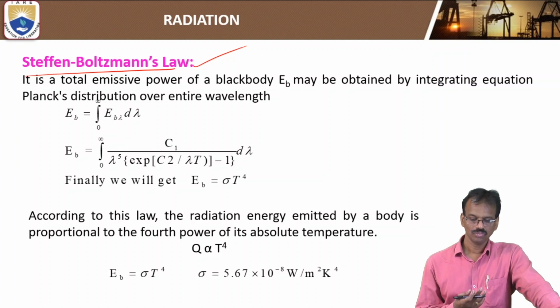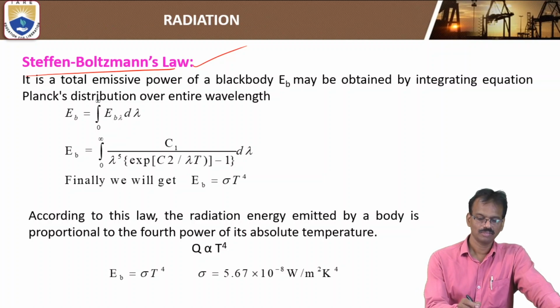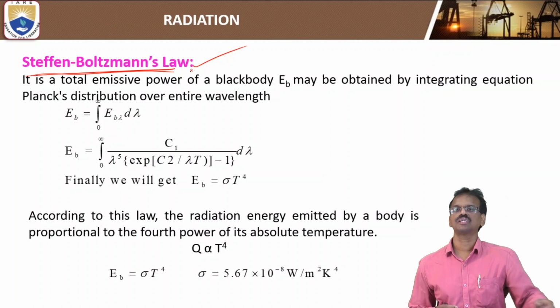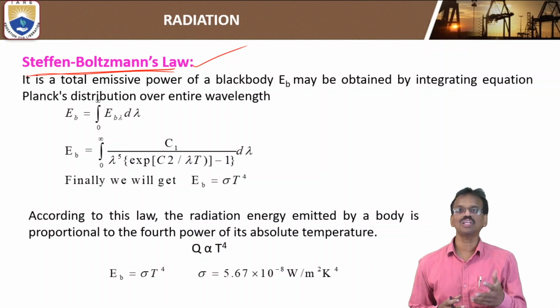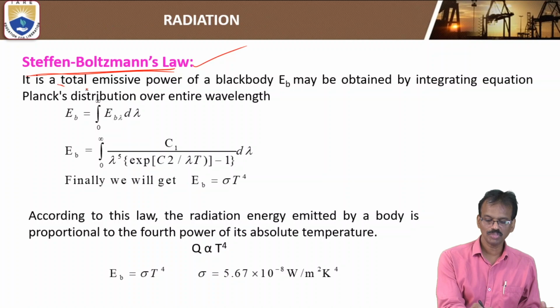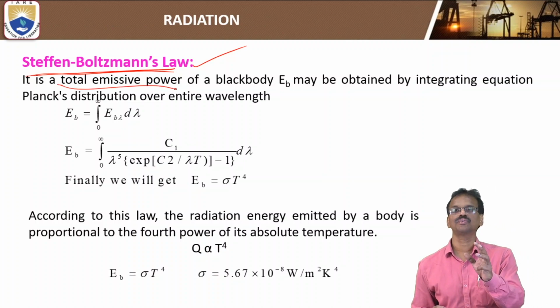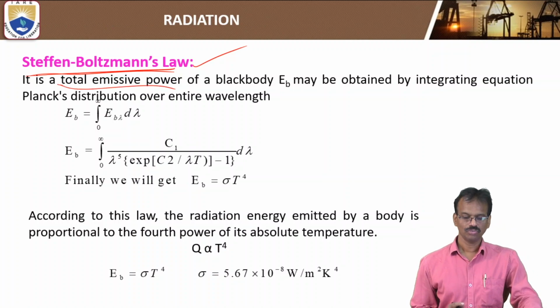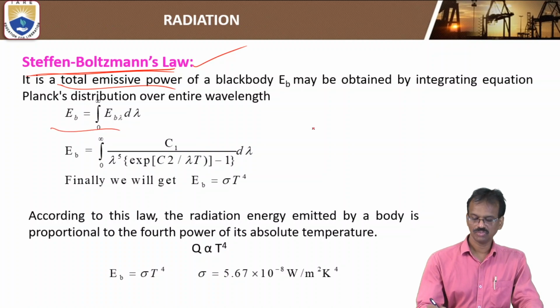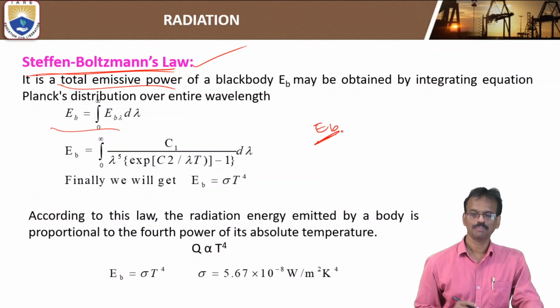Based upon the Stefan-Boltzmann law, you can find out the total emissive power, which is not related to wavelength. Total emissive power is represented by EB.